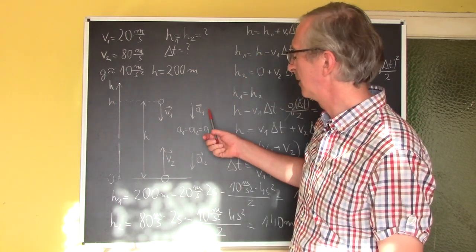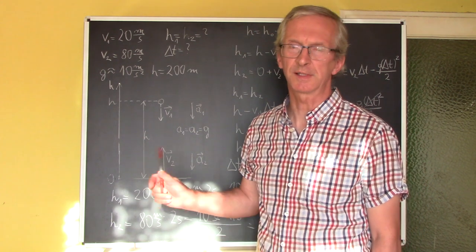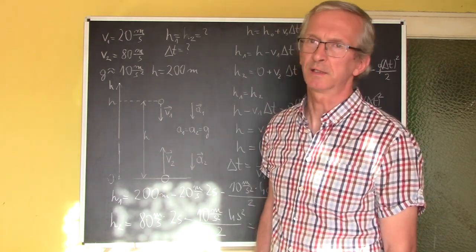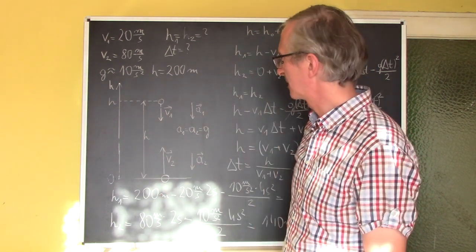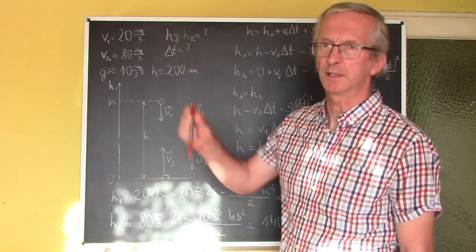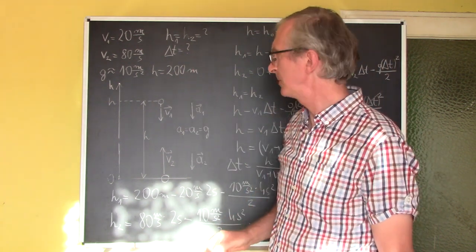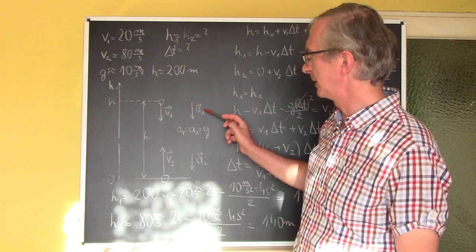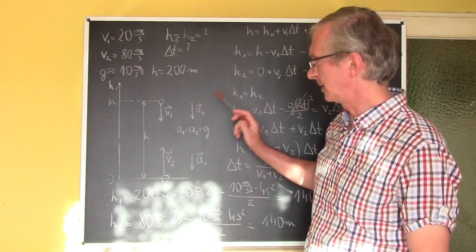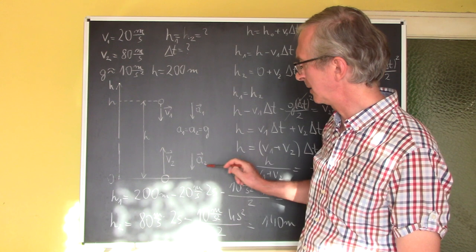Here the only force acting on the first and the second body is the gravitational force, so it is directed downward, and the same is the direction of the acceleration vectors, a1 and a2.